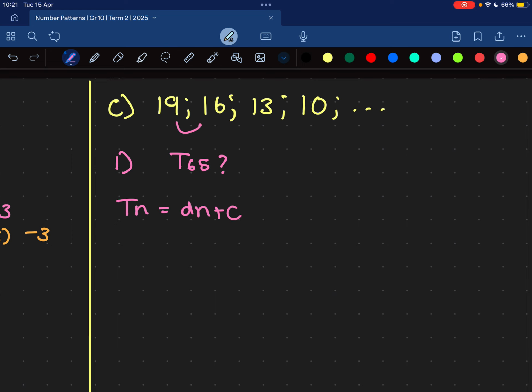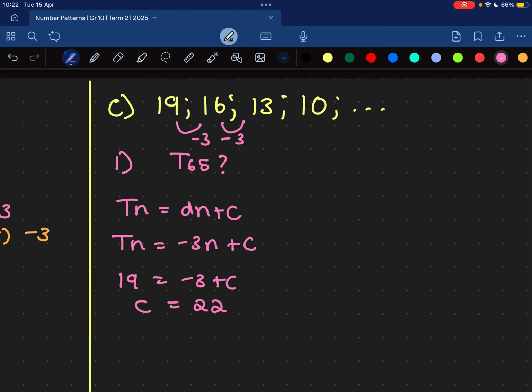You can see the difference is I'm just subtracting by 3. So Tn is equal to negative 3n plus c. Then you can substitute in, so I'm going to say 19 is equal to negative 3 plus c. So c is going to be positive 22.